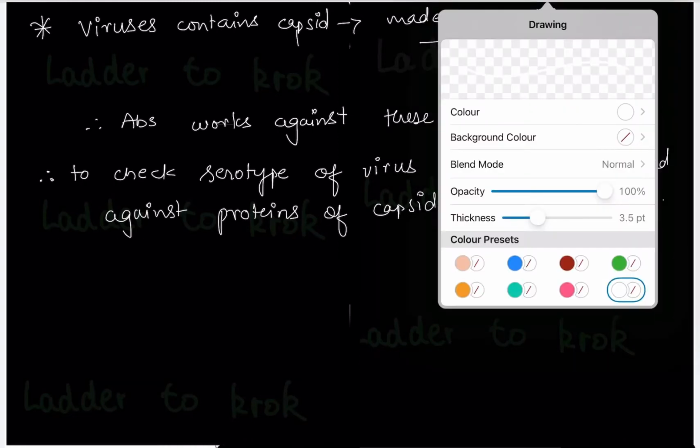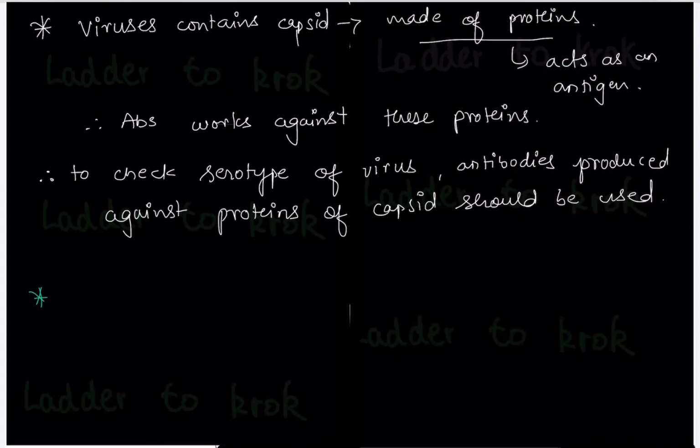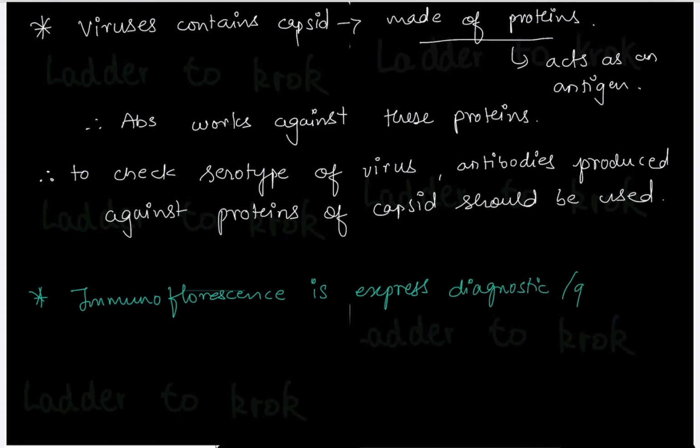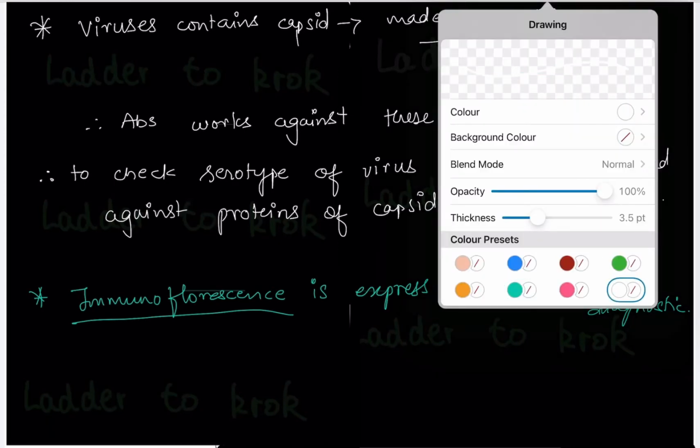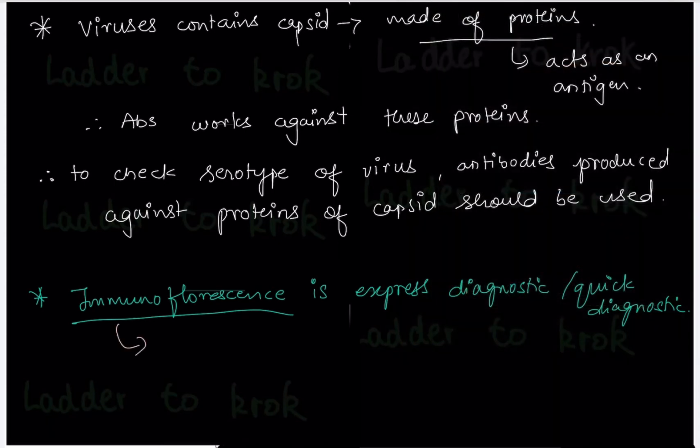Now we know that immunofluorescence is an express diagnostic test, or quick diagnostic test. But if in the options you cannot see immunofluorescence, then what will be your second option to mark?